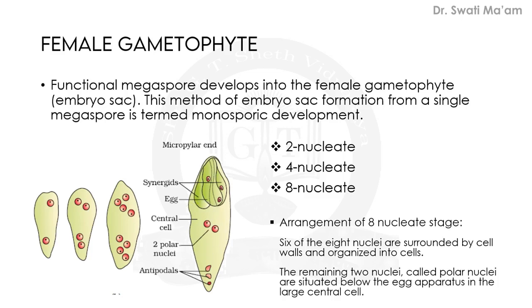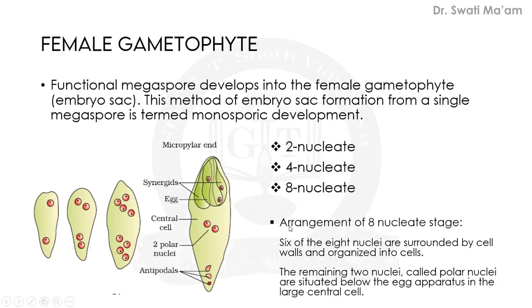So actually we have seen in this diagram, first a 2 nucleate structure, then a 4 nucleate structure, then an 8 nucleate structure. So 3 mitotic divisions result in an 8 nucleate structure.